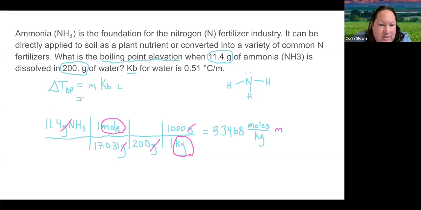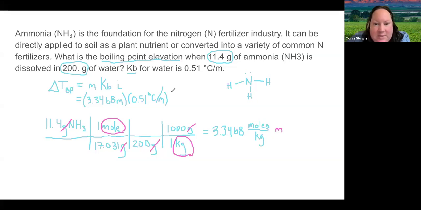So that's going to be 3.3468 little m, or molal, times KB, which is the value that we were given, 0.51 degrees Celsius per molal. That's why. So our m's cancel here. That works out lovely for us.